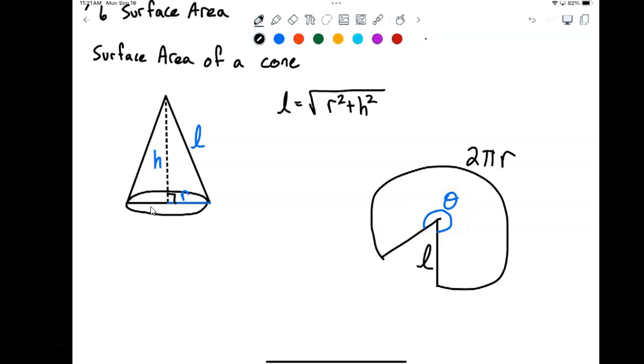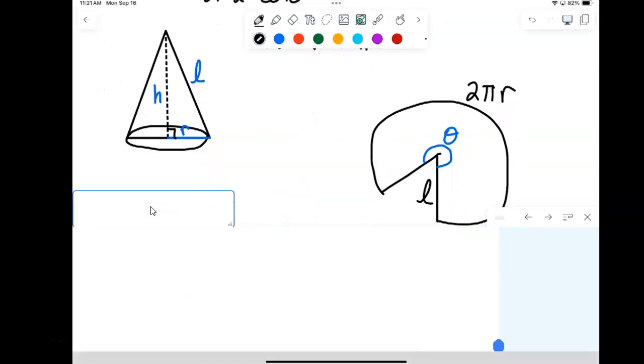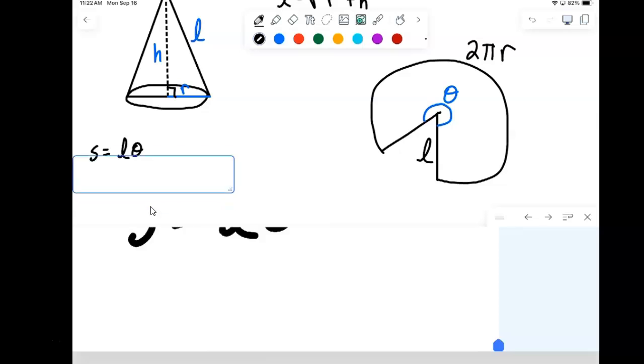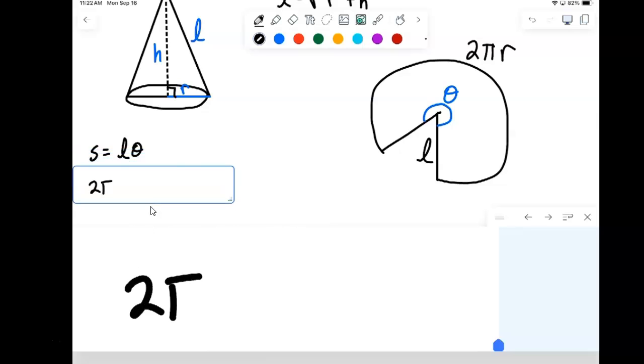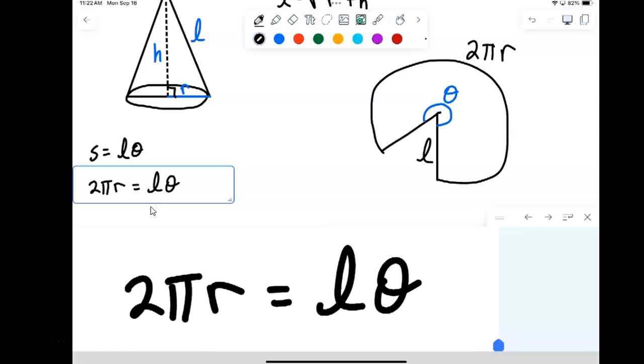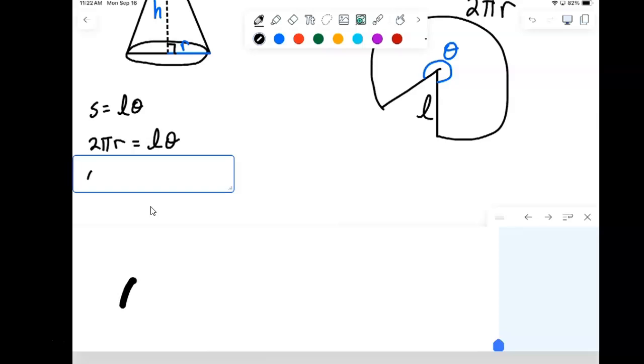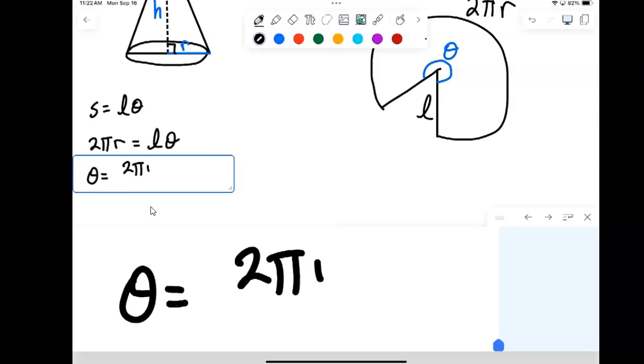We recall that the arc length of a circle is S equals r theta, or in this case, L theta, but the arc length is 2 pi r. So therefore, the central angle is 2 pi r divided by L.